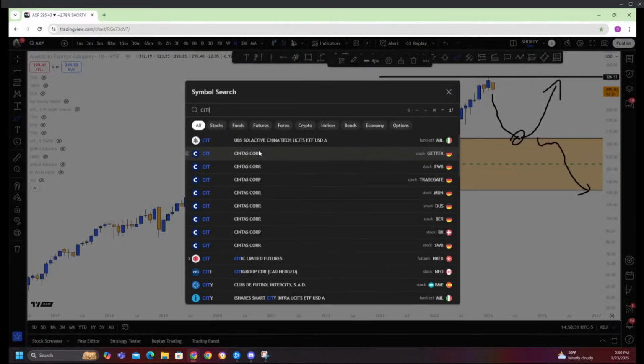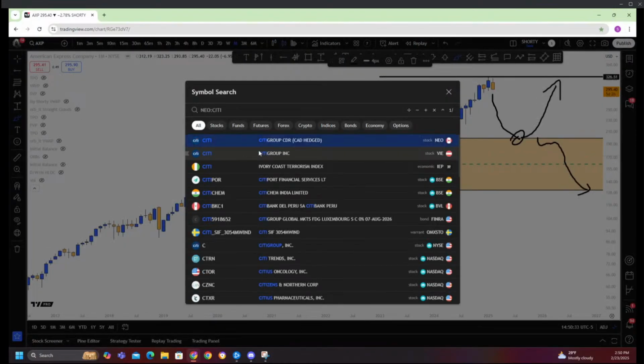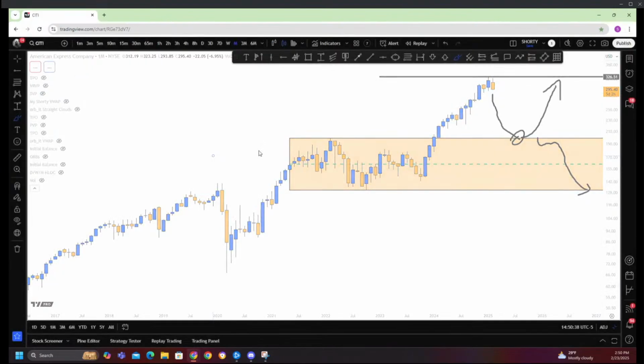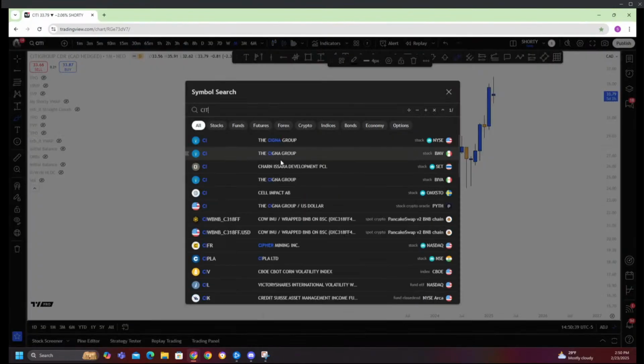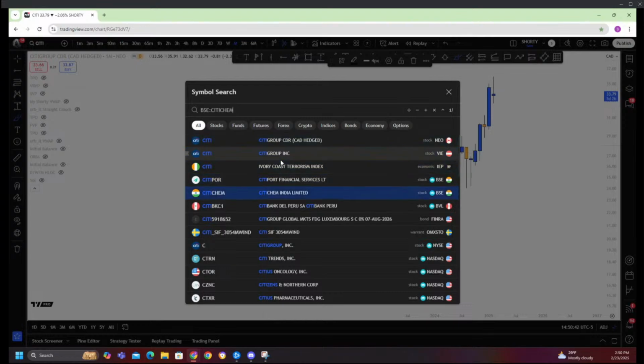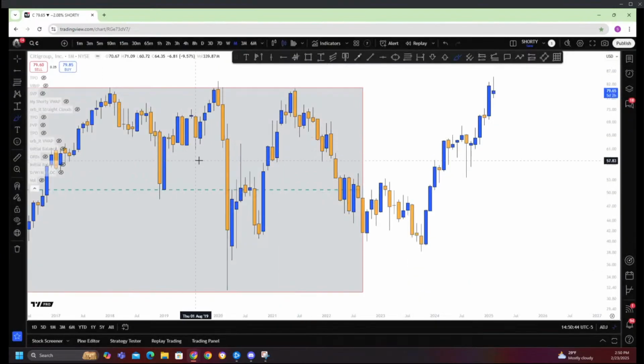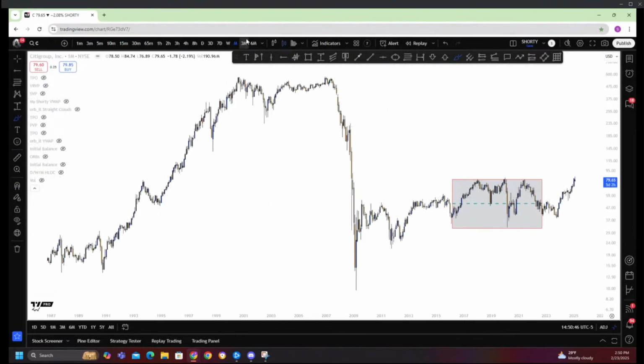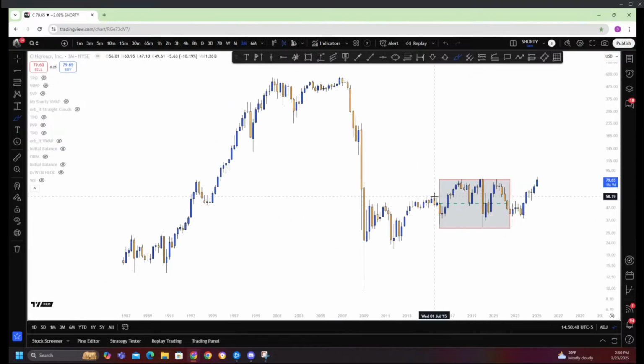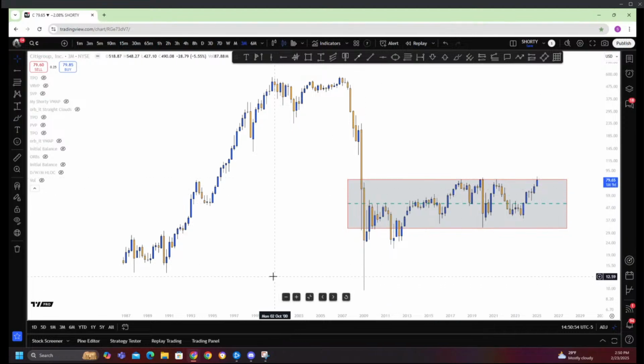But there's a couple of banks that don't look very good. I would say Citi is one of them. Here's Citi. They've been in this balance, I don't know how long. And I would definitely not buy something that did this right now.